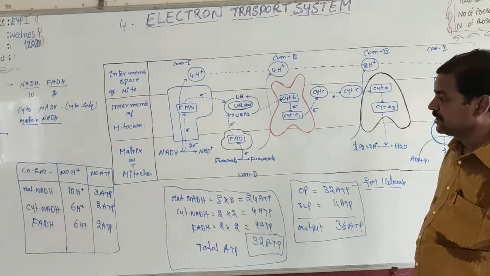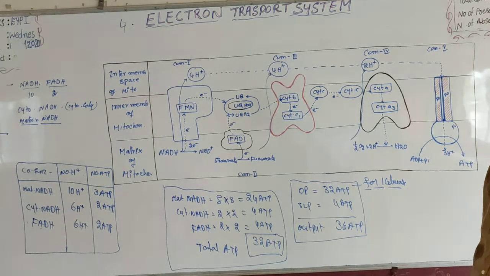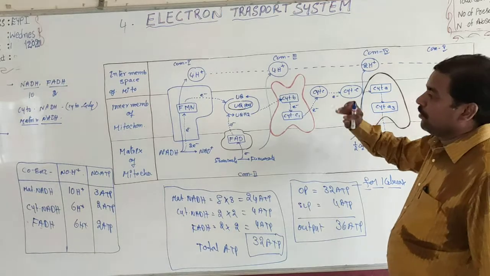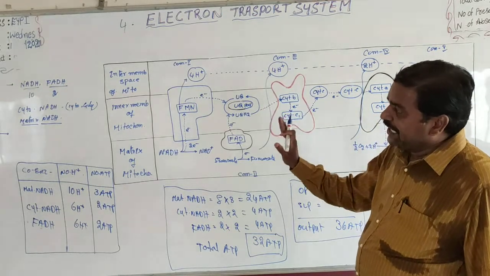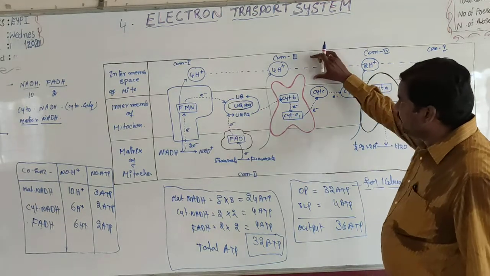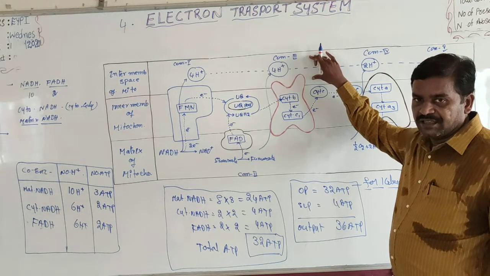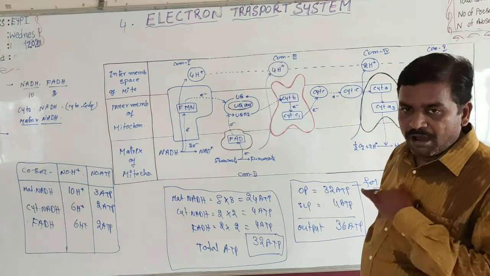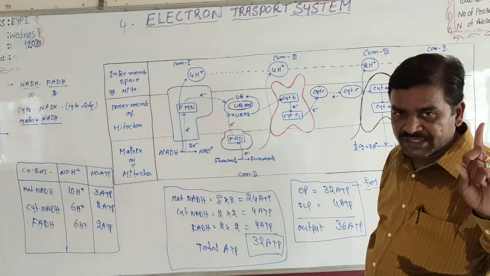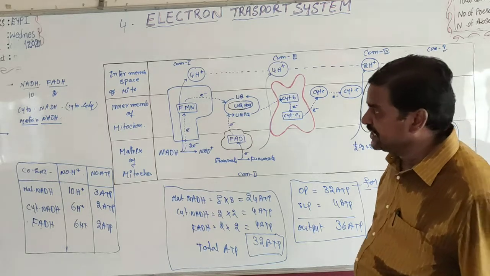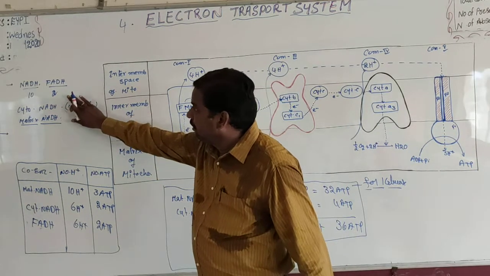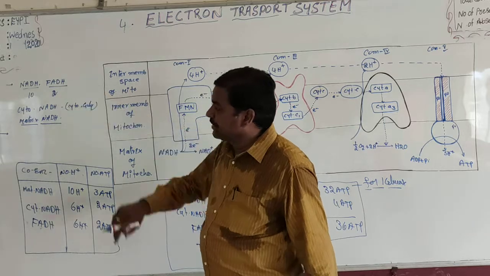The most important points. Okay? How many H+ are entering the intermembrane space by the oxidation of all coenzymes formed by one glucose molecule? Means 12 energetic coenzymes.